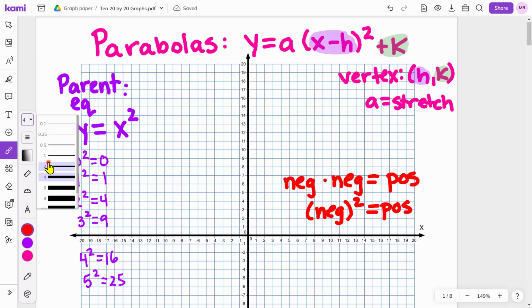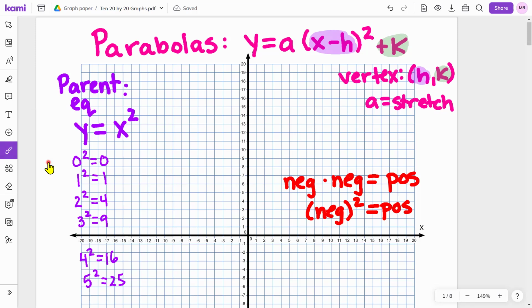So when I am squaring a -1, a -2, a -3, a -4, and a -5, I'm going to get the same thing as when I square the positive. So this is going to be a 1, a 4, a 9, a 16, and a 25. So as long as you can square a number, you can graph a parabola.